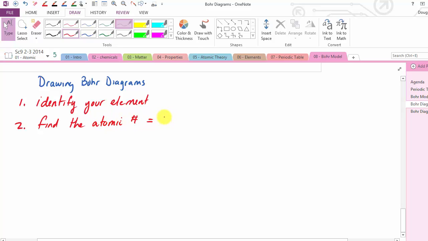And that is also equal to the number of protons for that element. And for grade 9 science, we're going to say that's equal to the number of neutrons as well. Step 3 is we find the number of electrons.